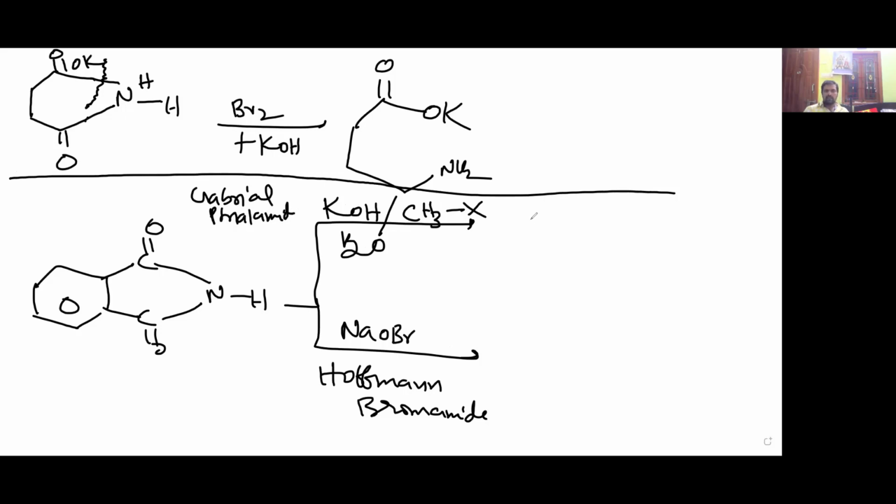So in this Gabriel phthalimide synthesis, whatever group you take, methyl, methylamine is forming. But for NaOBr, what I told as the trick: you have to take one hydrogen here and ONa here. Then what is our product?